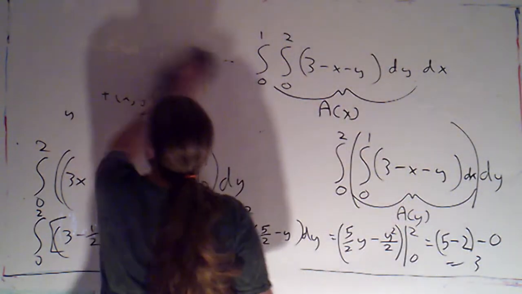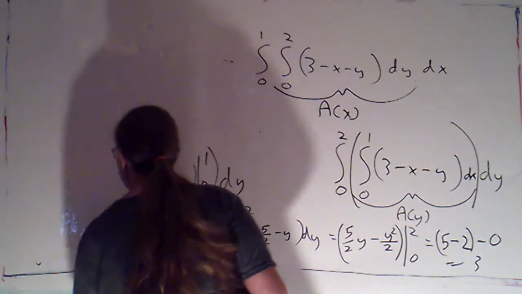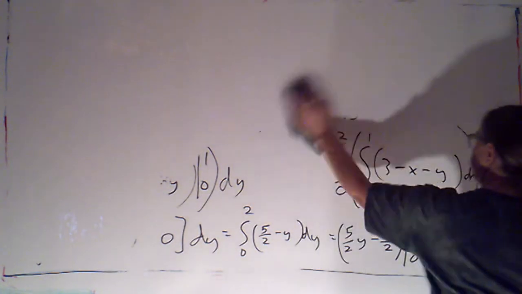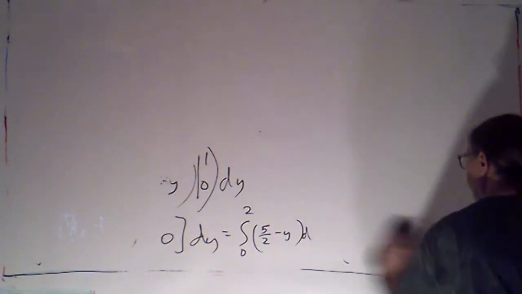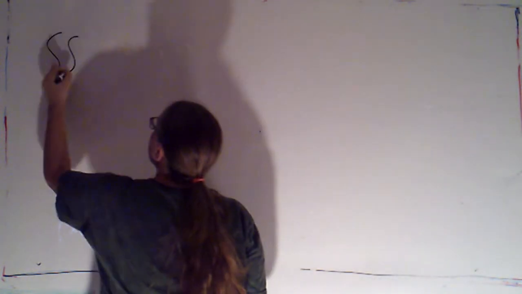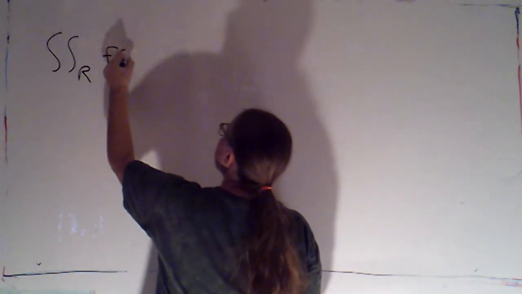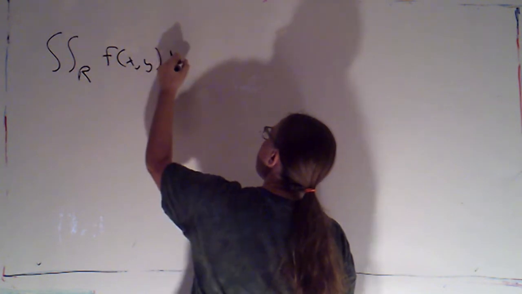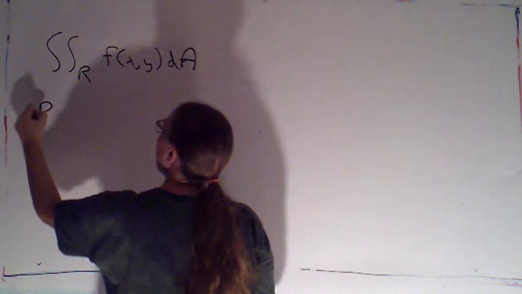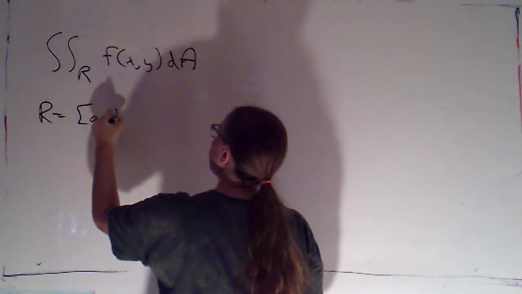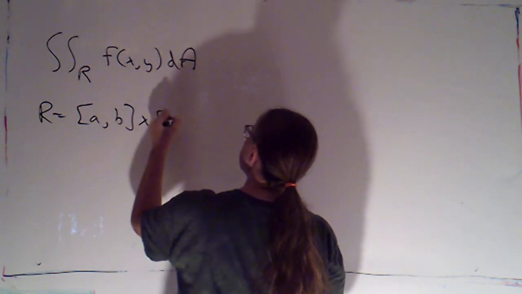So it did work. And that's actually a very important theorem. It's called Fubini's theorem. So if I have the double integral over R of f of xy dA, where R is this rectangle [a,b] cross [c,d].